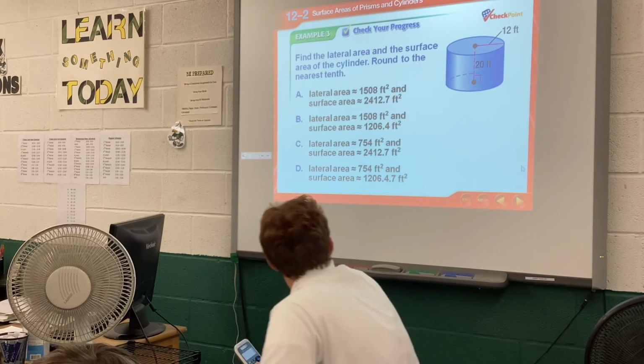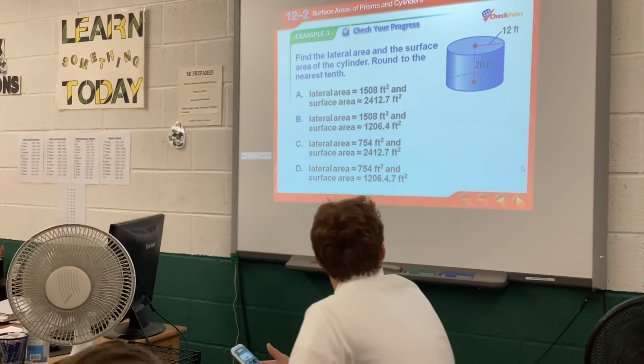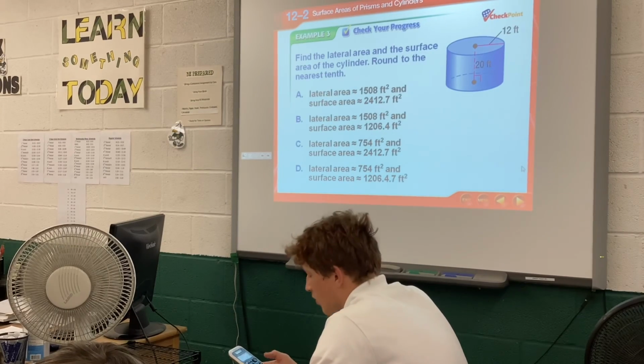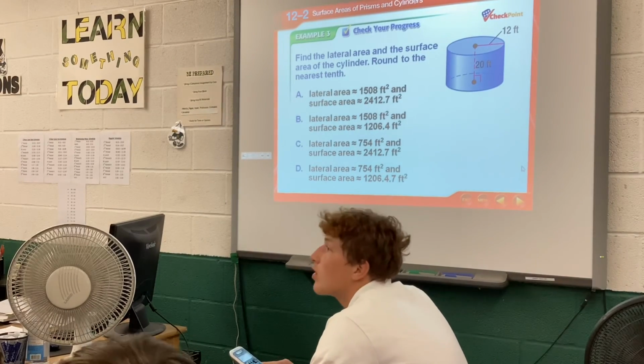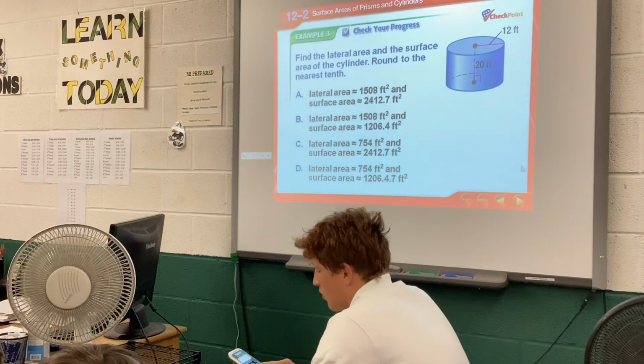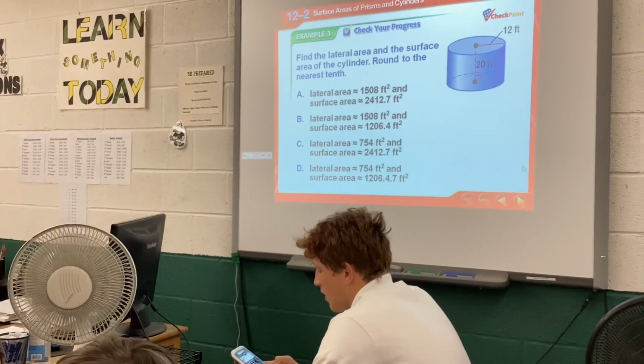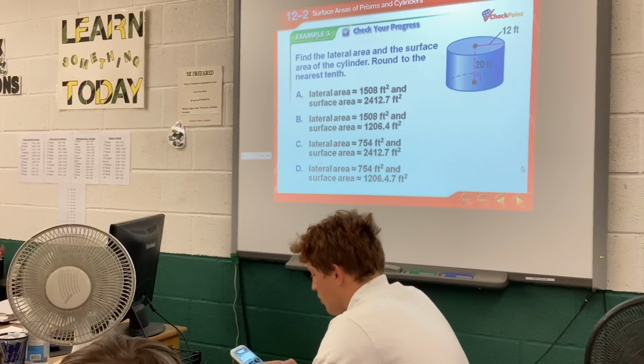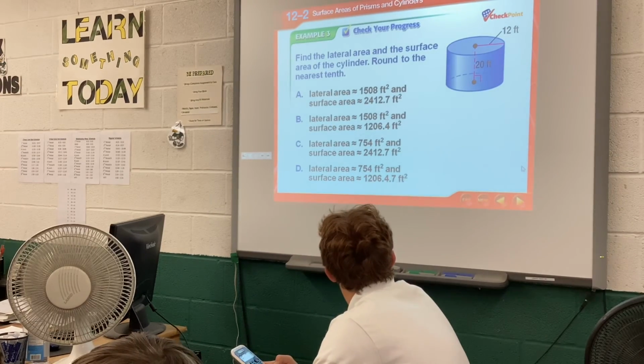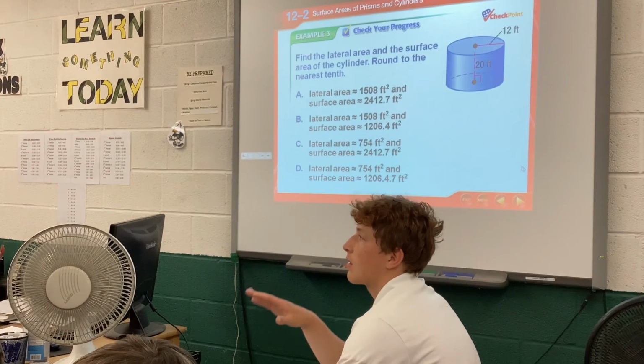Okay? And then with these oblique ones, you might have to find one of those other numbers. Meaning, if they give you the length of this, and they gave you the axis, you might have to find that height by doing Pythagorean theorem, or you might have to use some kind of trigonometry.